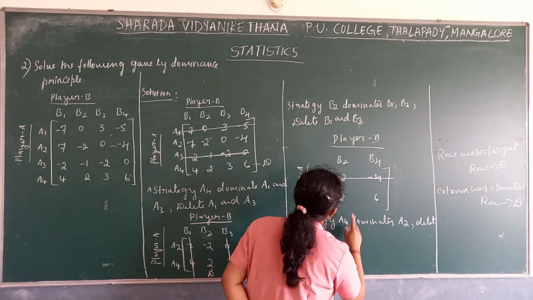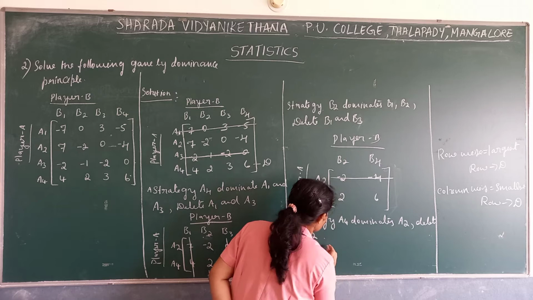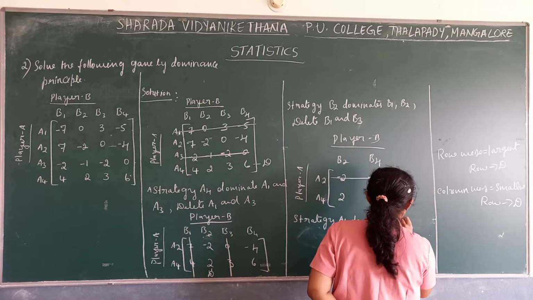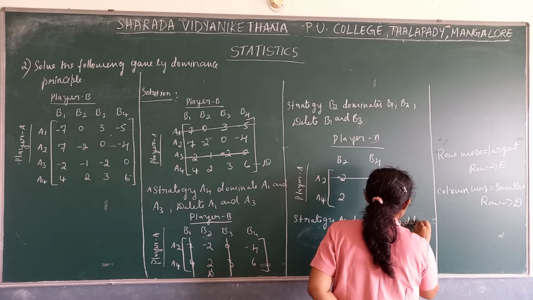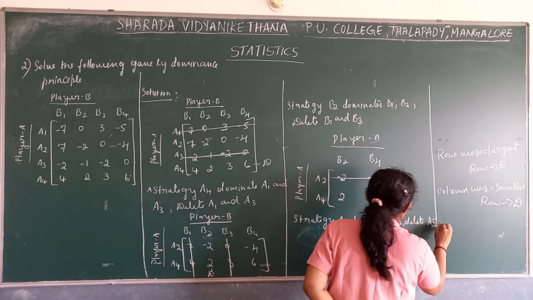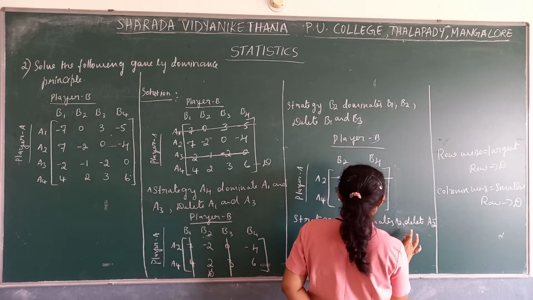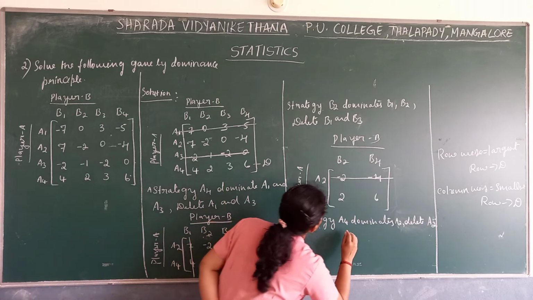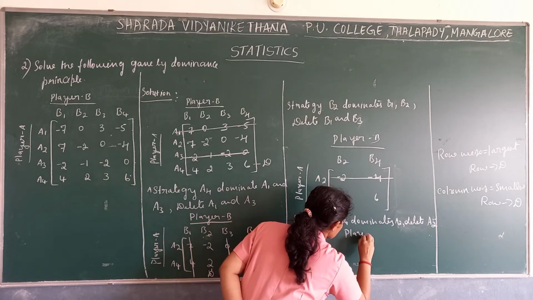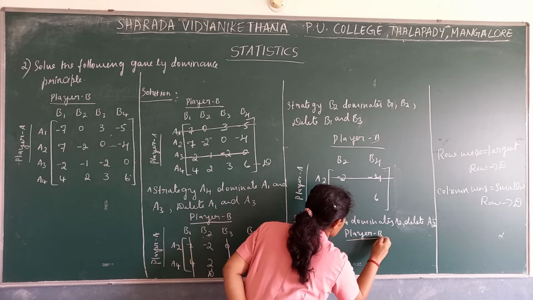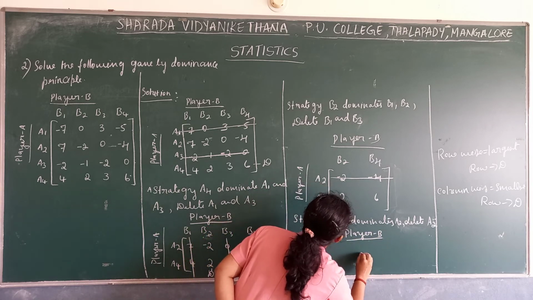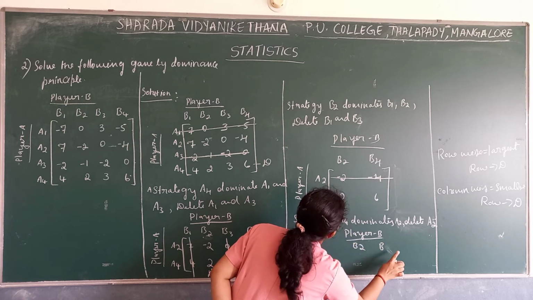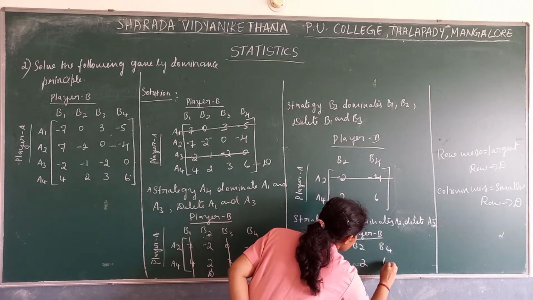Now what is remaining? In case of player B, B2 and B4, values 2 and 6.